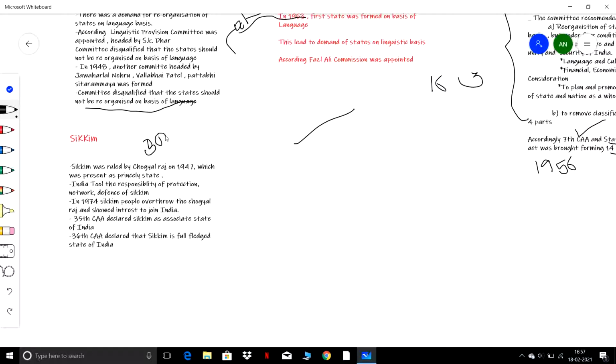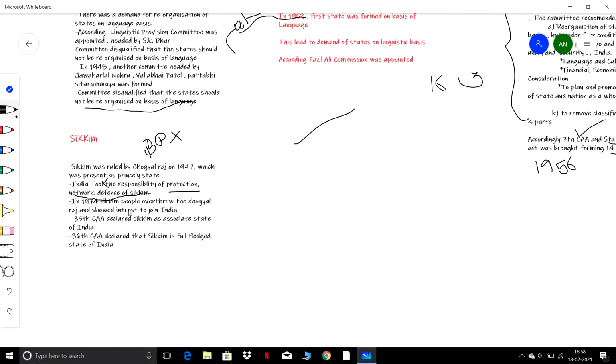It is a principle followed between the princely states and British India, that during war there will be support from each other. After India got independence, British paramountcy lapsed, so India took the responsibility of protection, communication network, and defense of Sikkim.